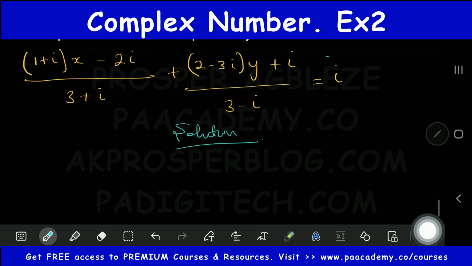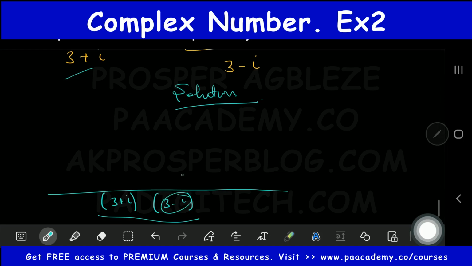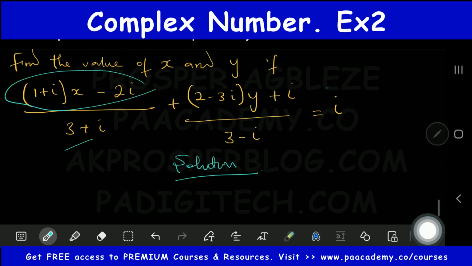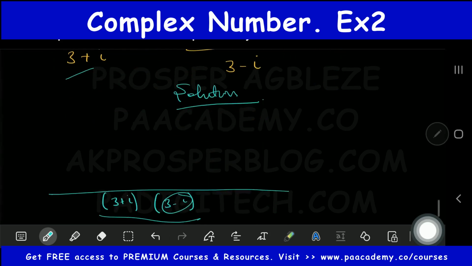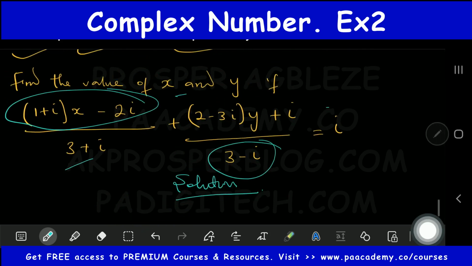Just the way LCM will go. So if you divide all of this by this, you are going to be having this 3 minus i, and you're going to use it to multiply everything that is right here. The same thing you're going to do if you divide all of this by 3 minus i, you're going to be left with 3 plus i. You're going to use it to multiply everything that is here. All right, so let's do that.